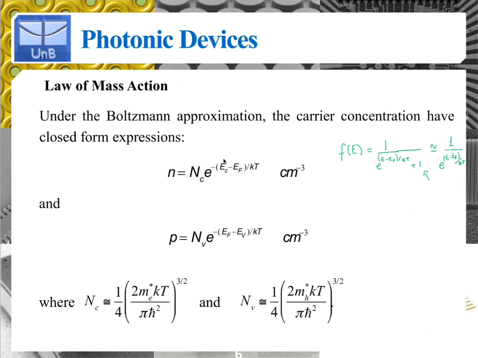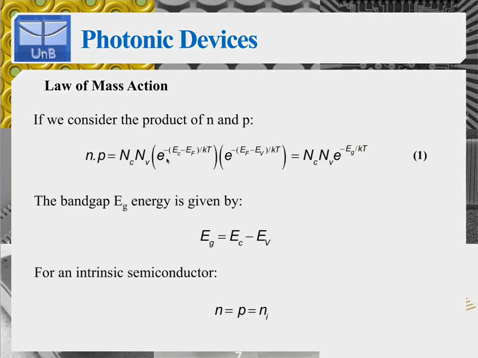Now, if you multiply these two things, you'll have NC times NV times the two exponentials, right? So you get this part, NC times this term, originated from the electron carrier concentration, and NV times this term originated from the hole carrier concentration.